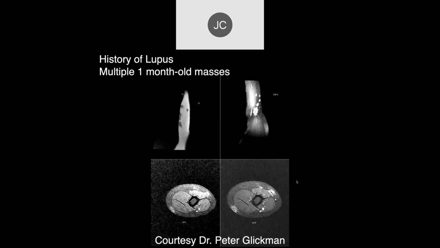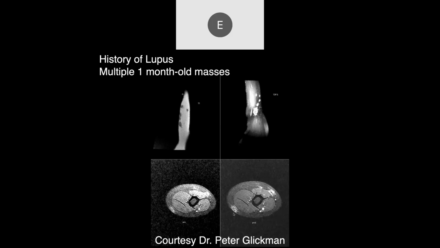Okay, so history of lupus, multiple one-month-old masses. I think it's a T1 in the top left, these rounded lesions in the subcutaneous fat, they look bright on the PD fat sat.